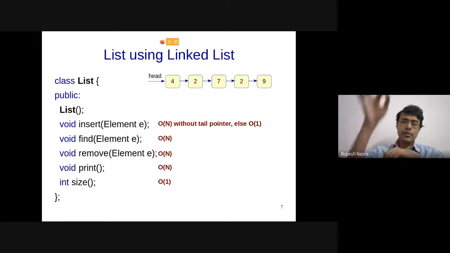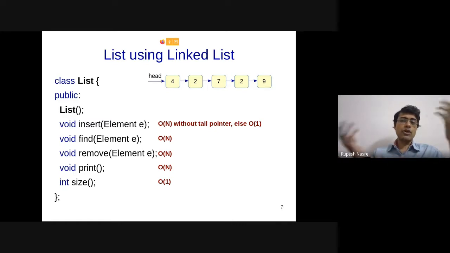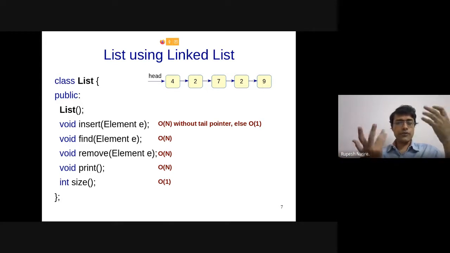If I have to insert an element in between, in an array I'll have to shift the elements, whereas in a linked list, I just need to manipulate certain pointers and I can do it in constant time. The other advantage is that you don't need contiguous storage. You can use arrays if you have contiguous storage, but if you don't, you can still create the data using the linked list. That's another advantage.